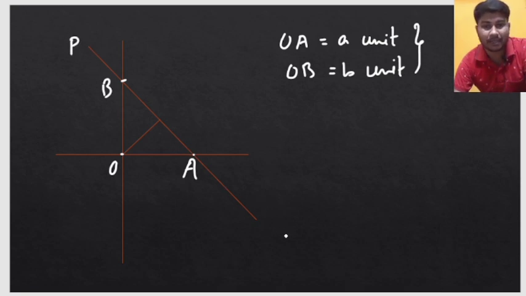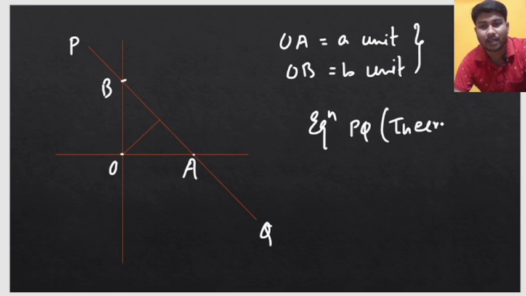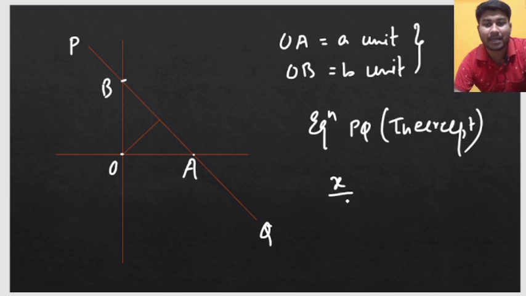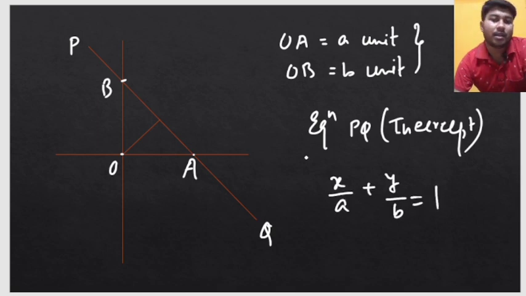Suppose I call the line the PQ line; from here you can write the equation of the PQ line in intercept form, x by A plus y by B equals 1. Now use the second condition provided: this perpendicular makes an angle pi by 6 with the positive direction of y.